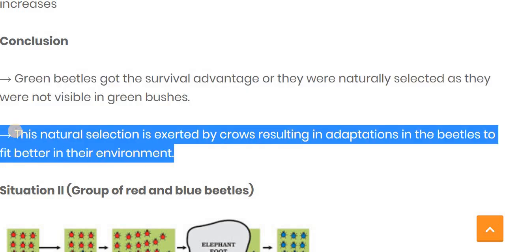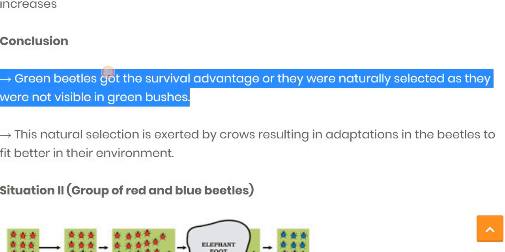This natural selection is exerted by the crows, resulting in adaptation in the beetles. Which kind of adaptation? Adaptation in color, to fit better in their environment.